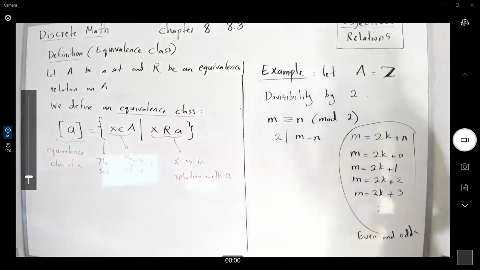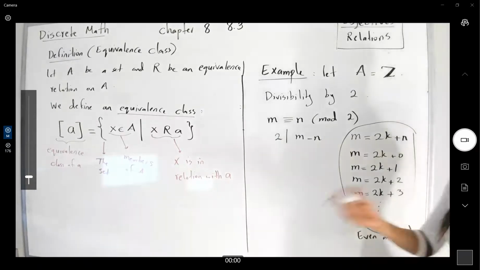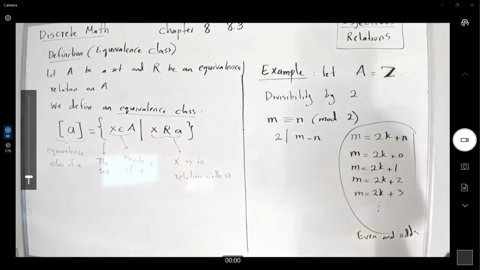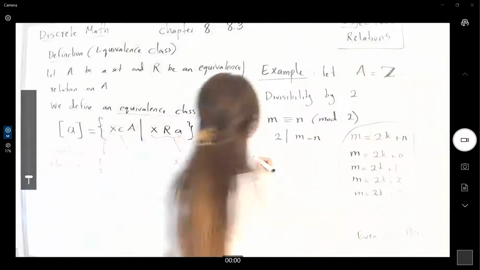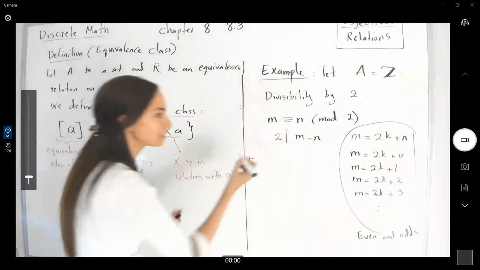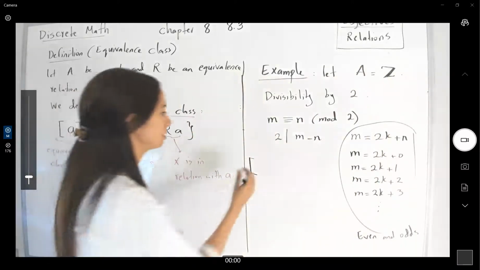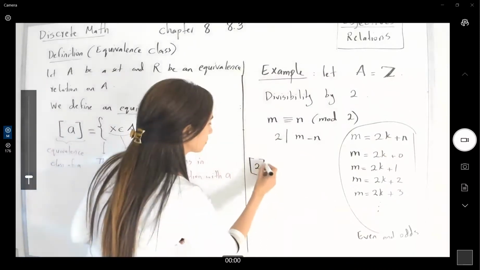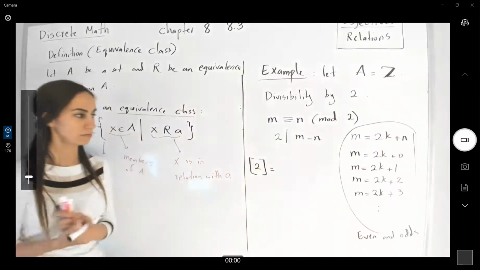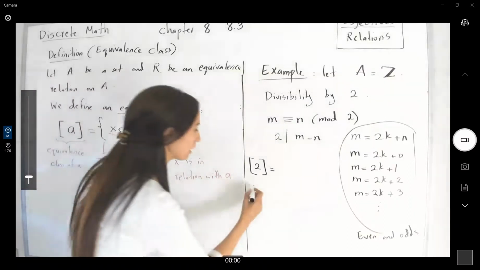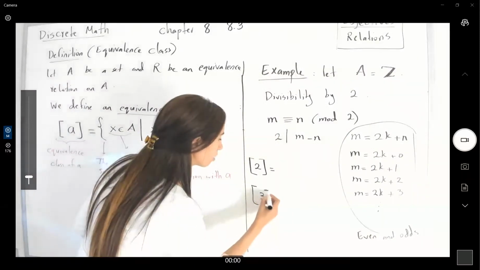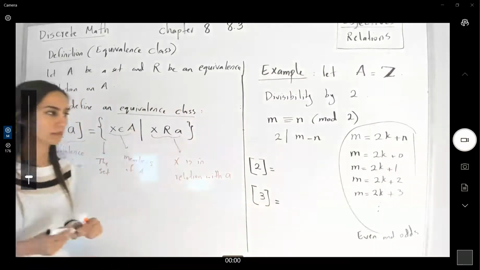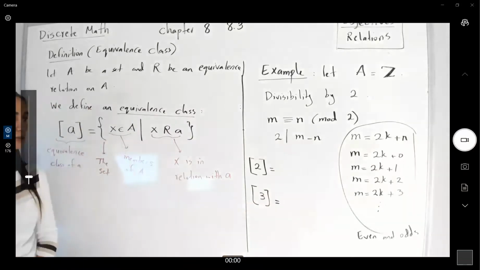Okay. Very well. So now I'm asking you to write down the equivalence class of, let's say, 2. Also, I ask you to write down the equivalence class of 3. How do you represent these two?